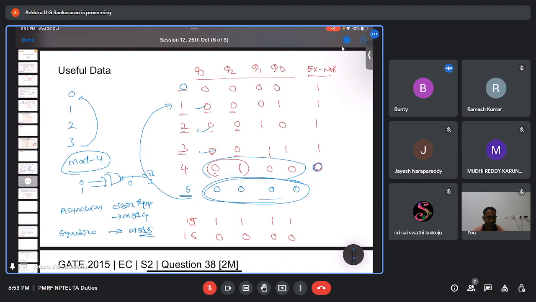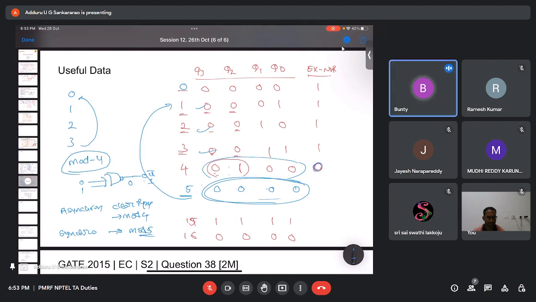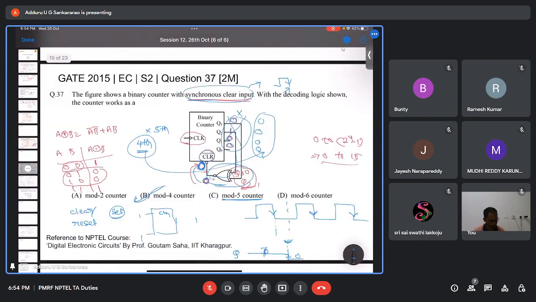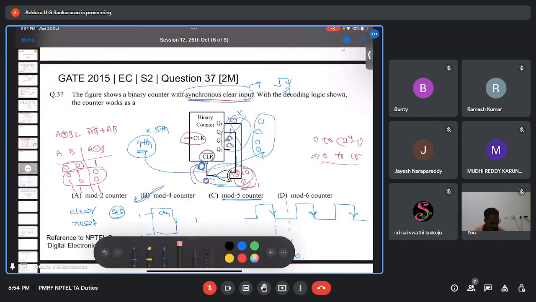Okay. So it should be only an XOR gate? But no, any other gate you can use. Any gate you can use, not only an XOR gate.